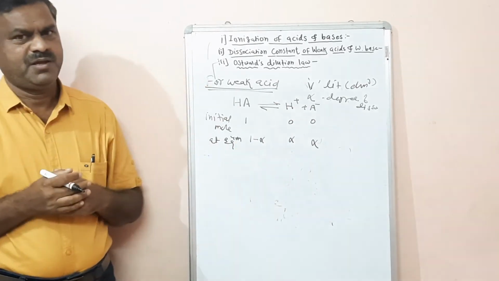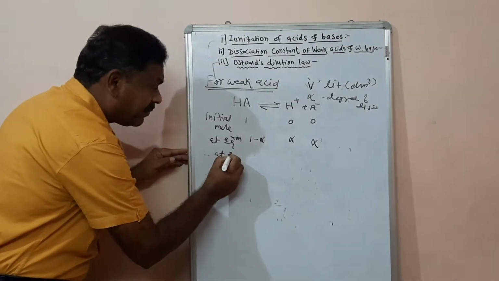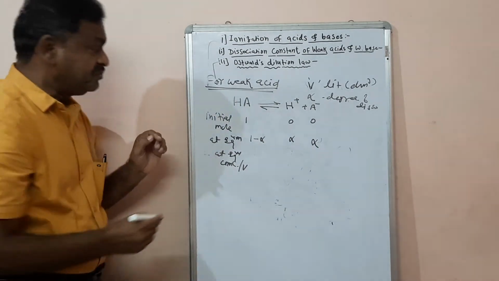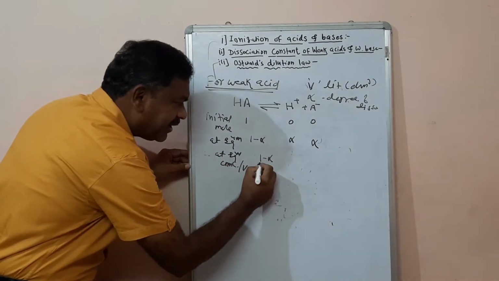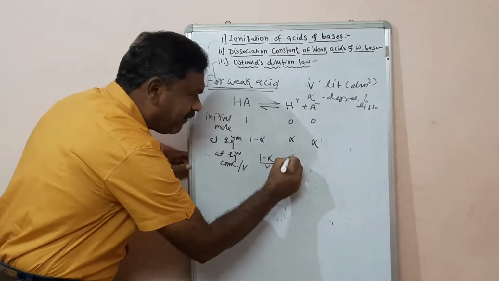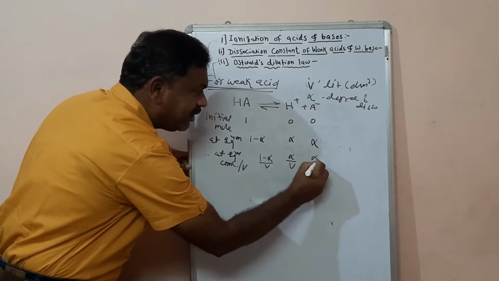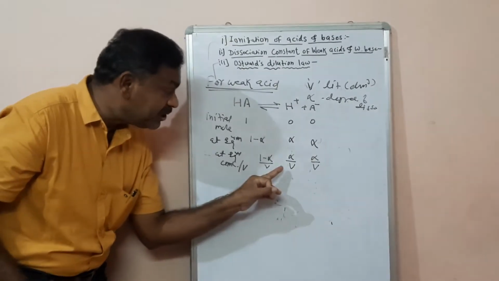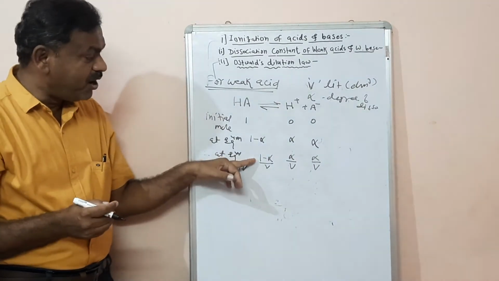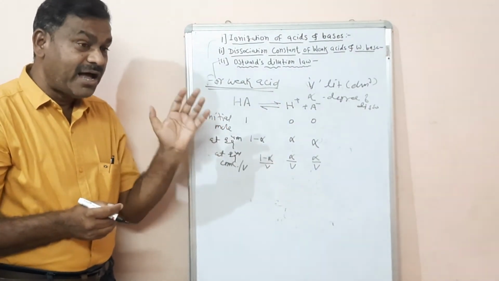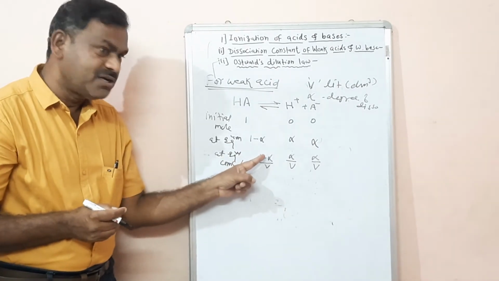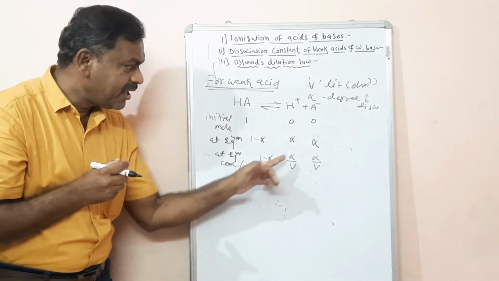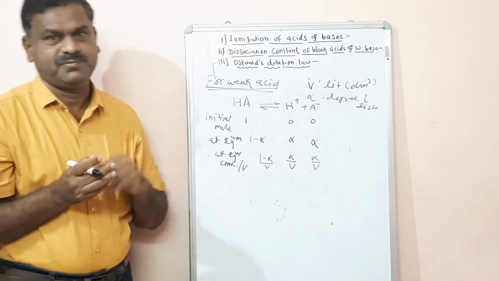But the concentration per liter means 1 minus alpha divided by V, then alpha divided by V, and alpha divided by V, because this is dissolved in V liters of solution.